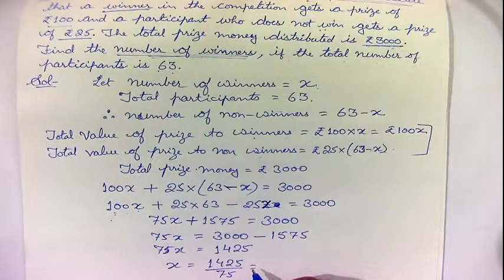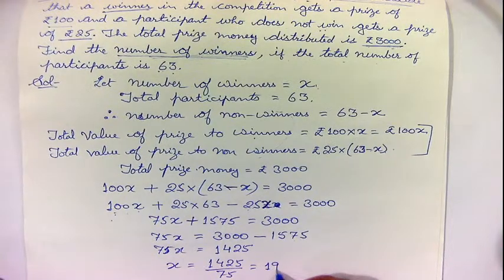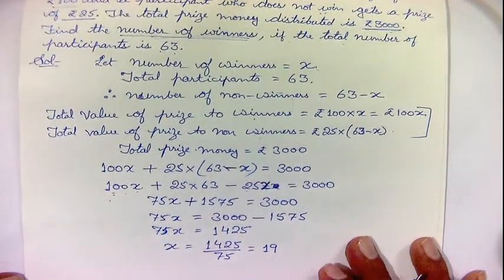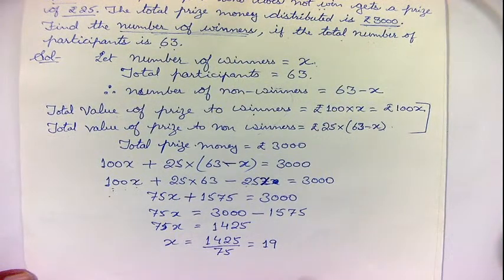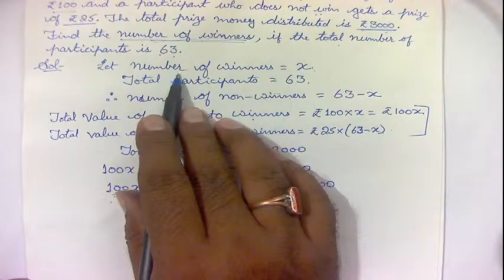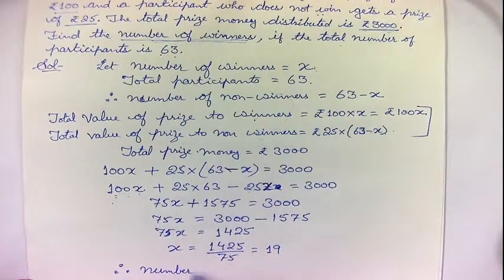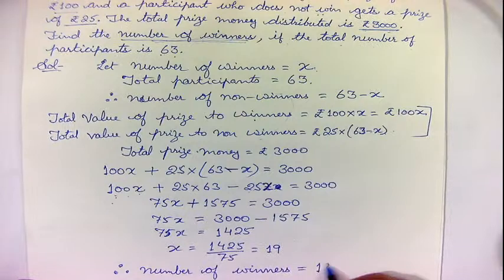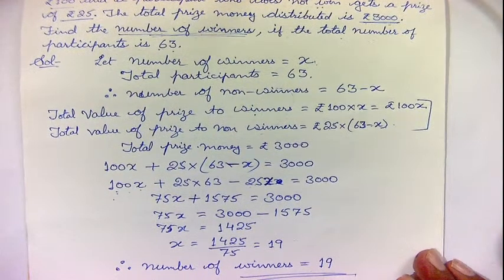Now if you divide it by 75, what do you get? You get 19. So this is the value of x which we have. And what was the x taken? X was taken as number of winners. Therefore, number of winners in the competition are 19. So this is the number of winners which we had to calculate.